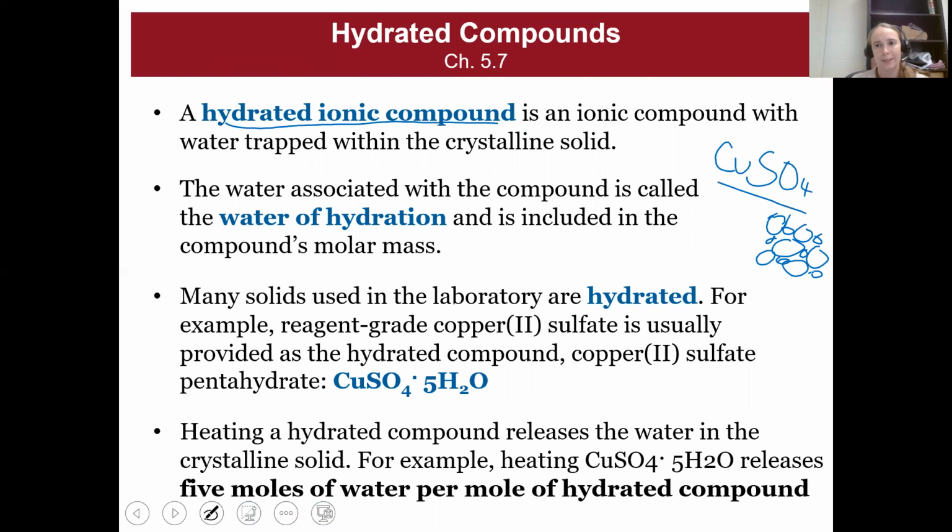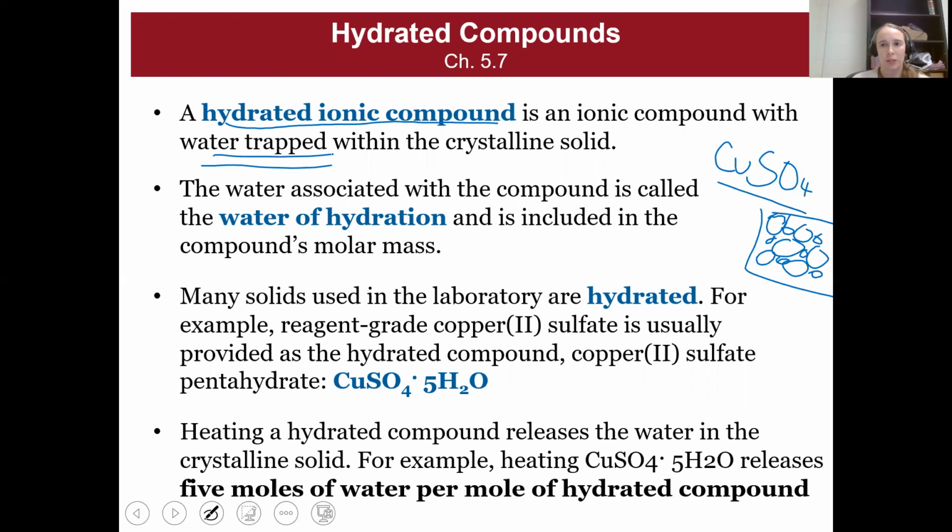So say the big ones are copper and the little ones are sulfate. It's got alternating copper and sulfate ions forming a lattice or an ionic solid. And it's not just copper and sulfate ions in there. For copper sulfate, there's actually water trapped in that solid.